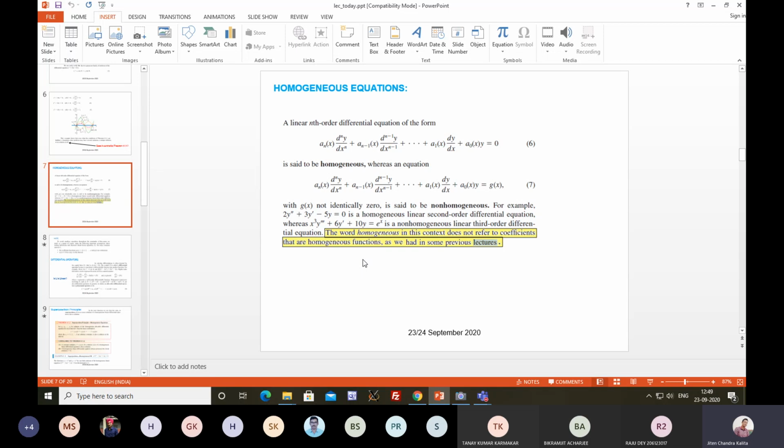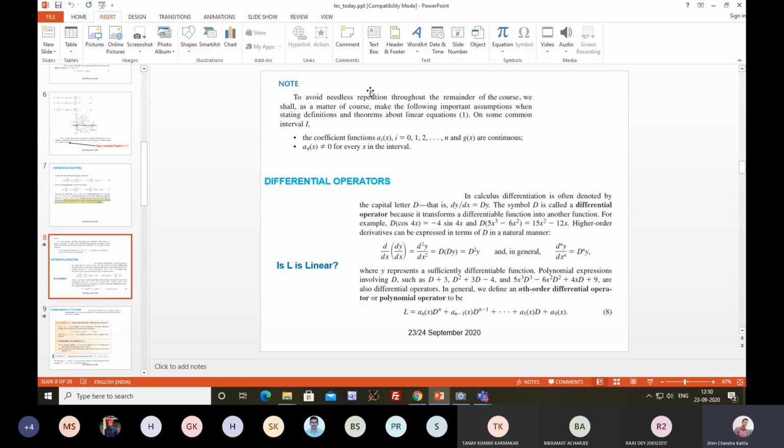You have to remember that, because earlier, when you were studying variable separable type first order equations, you must have recalled that they were called homogeneous when the coefficients of the differentials were homogeneous in their powers. This is not about that. Homogeneous here is about the right hand side being 0. That's it.